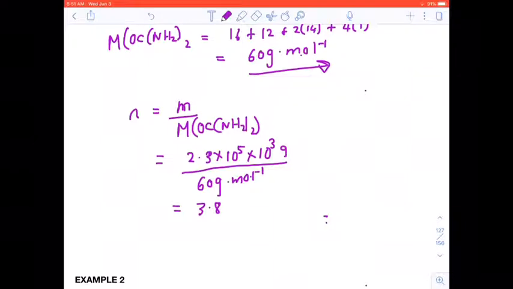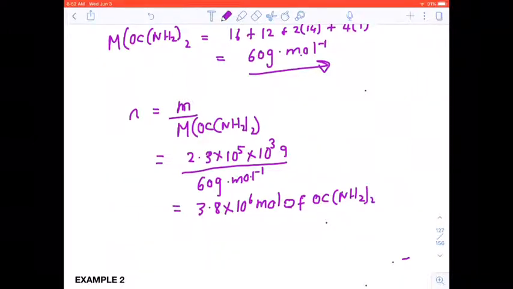Which is then equal to 3.8 times 10 to the 6 moles of OC(NH2)2.